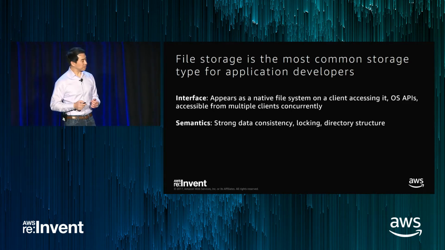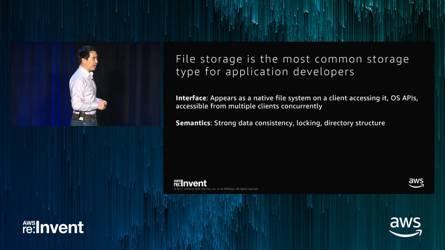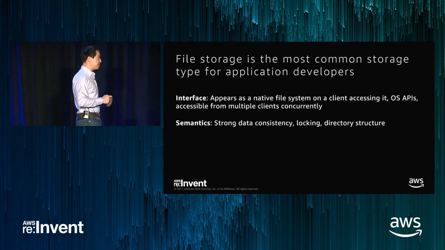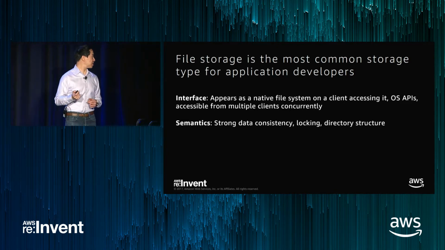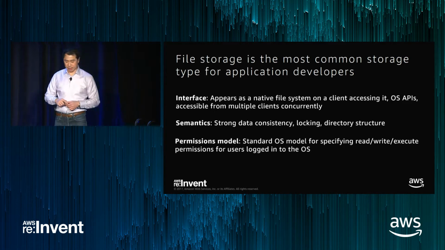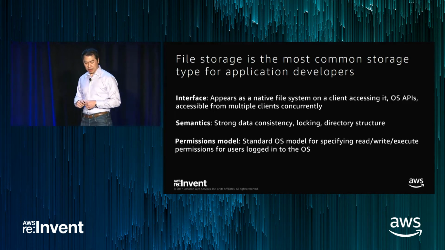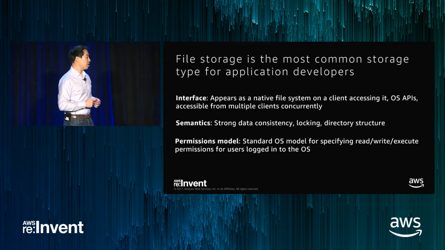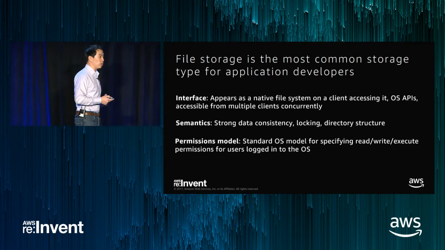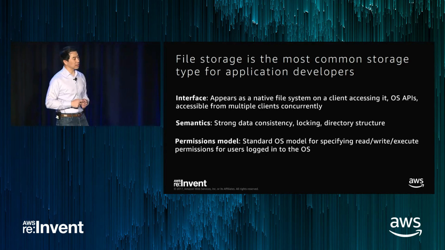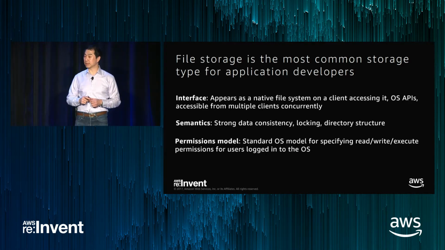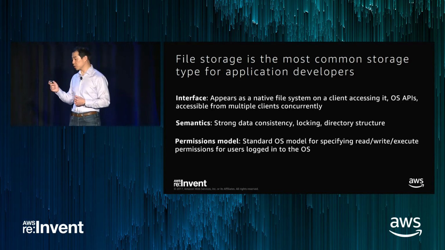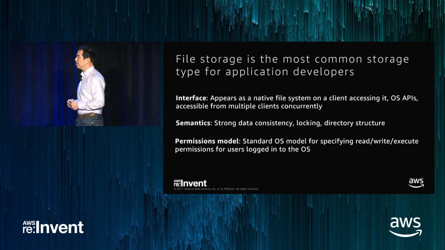File locking, as well as a directory structure, a way to organize the data in that file system. And then lastly, permissions. Standard operating system model to be able to control the read, write, and execute permissions at the operating system level. Okay? So these are some of the key characteristics of file storage.